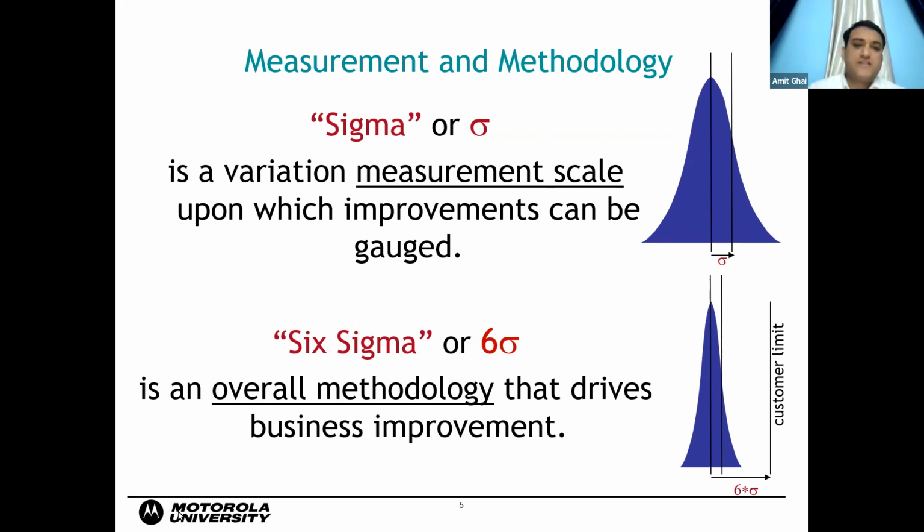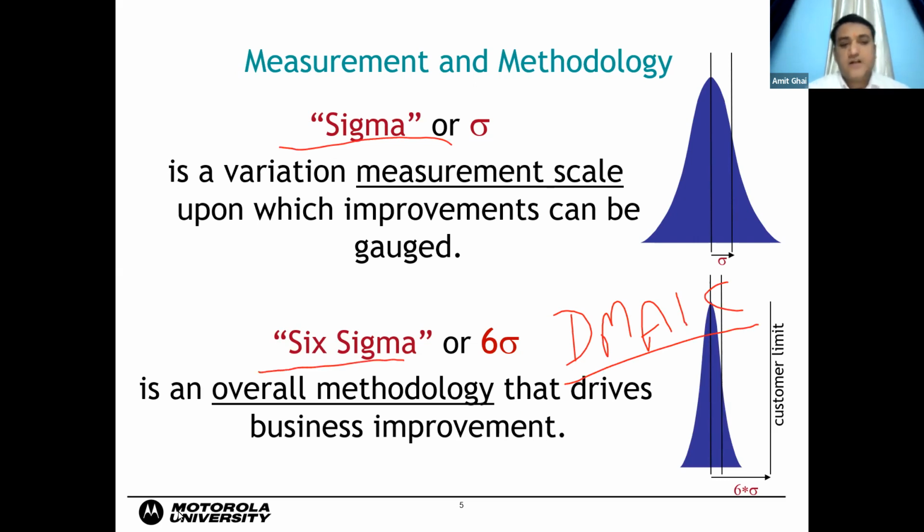Then comes Six Sigma as an overall methodology that drives business improvement through project management techniques. And this, which I was talking about, involves DMAIC. So you will hear the word Sigma in two different aspects in industry: Sigma as a statistical measure and Sigma as a project management methodology. Do not confuse between these two.